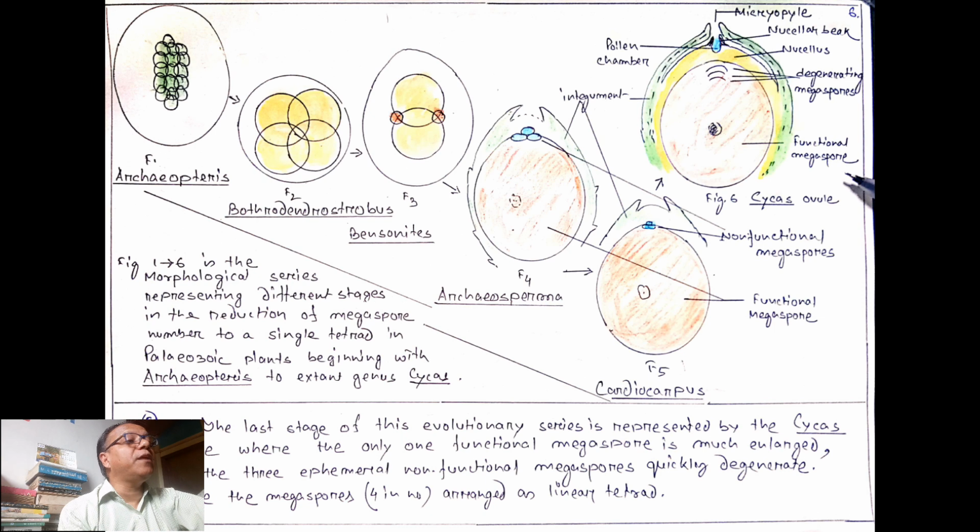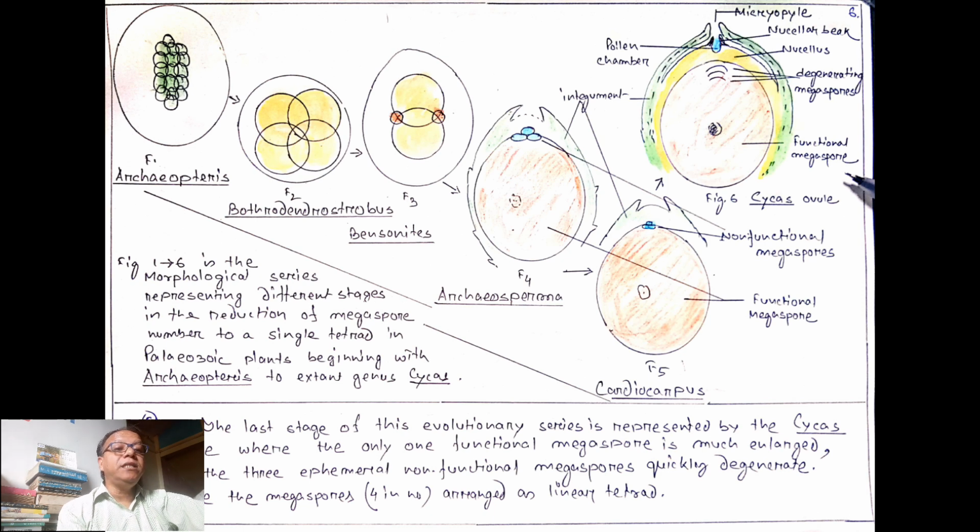Here look at the figure. Here the top 3 are degenerating, hence they are represented by just 3 lines, and the functional one is the large one, and it will take part in the formation of the female gametophyte.